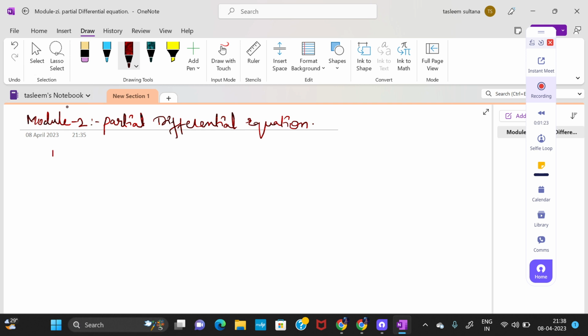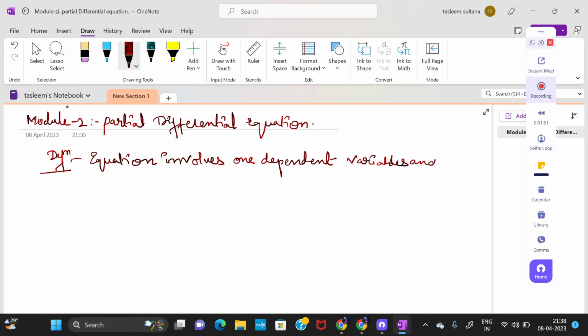The definition is saying an equation involves one dependent variable and more than one independent variable, where it will be denoted by dou.